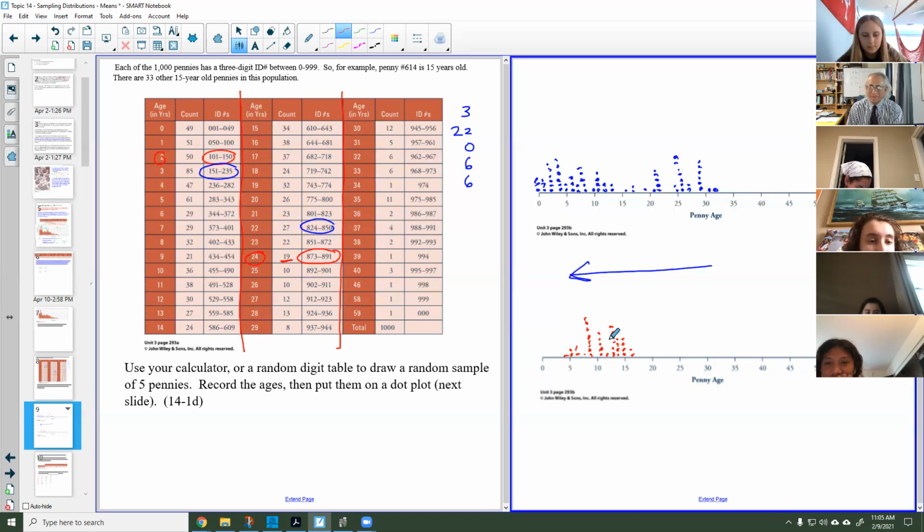Emma. Okay, I got 14.8, 8.6, 7.6, 12.4, and 9.2. Okay, interesting. Okay, Sylvia. I had 17, 14.8, 14.4, 14.6, and 18.4.